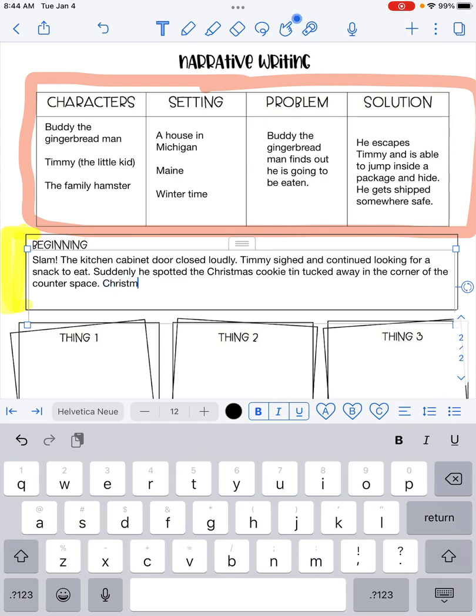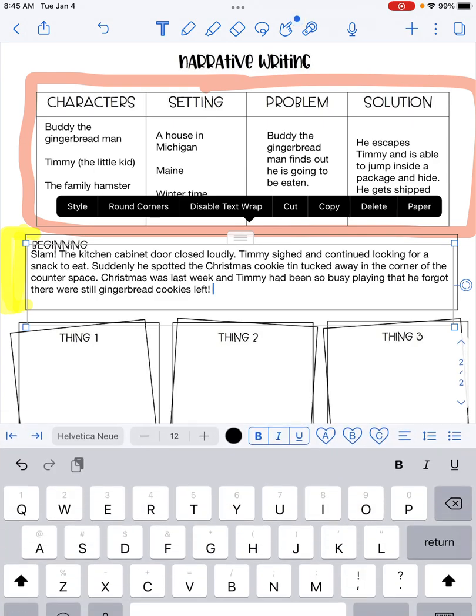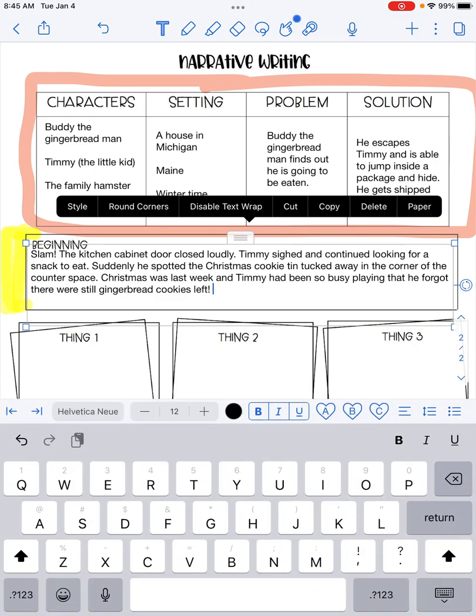So I'll say Christmas was last week, and Timmy had been so busy playing that he forgot there were still gingerbread cookies left. So we're starting to see what's going to happen here.